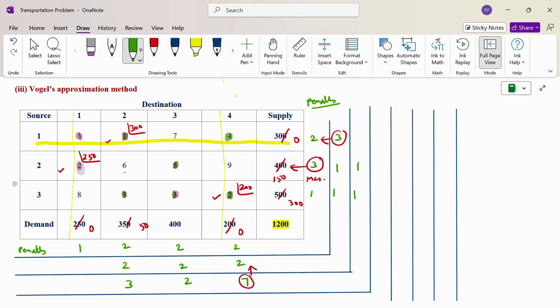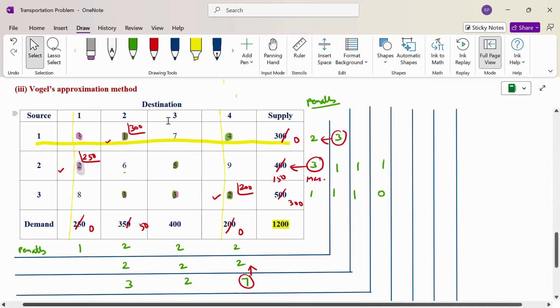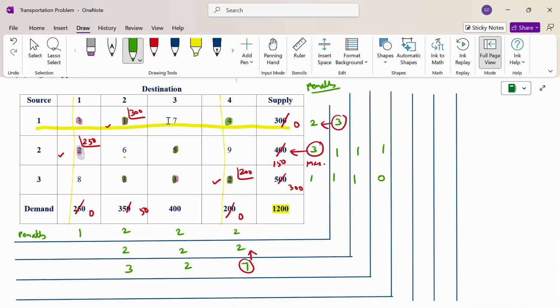Now what is the next? 6 5, the difference 1, 3 3 difference 0, and this difference 3, this difference 2. Therefore the maximum 3, selected column. Here the least number is 3. In this 3, allocation value: demand 50, supply 300, 50 allocation here, 0 to 50.